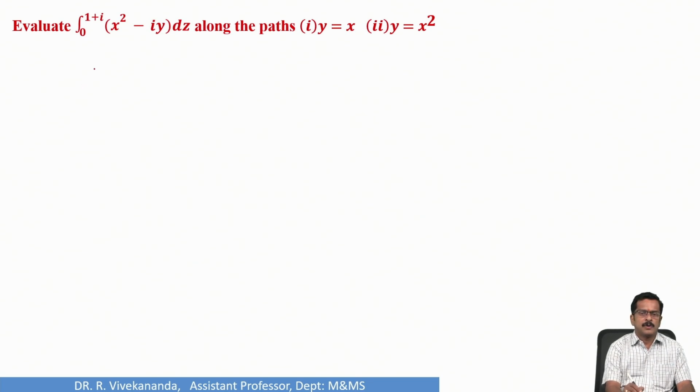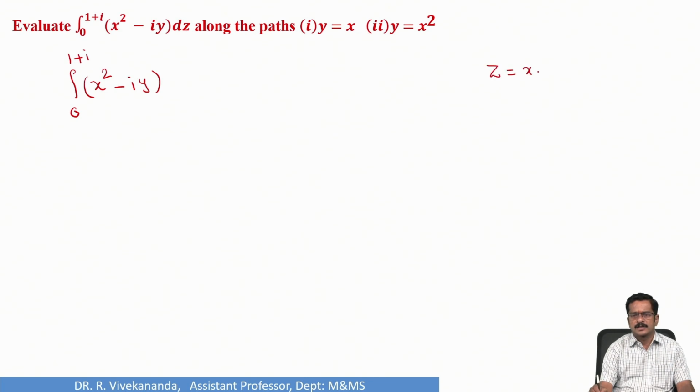Okay. Now integration from 0 to 1 plus i of x square minus iy into dz. Dz means what I said? z equals x plus iy.